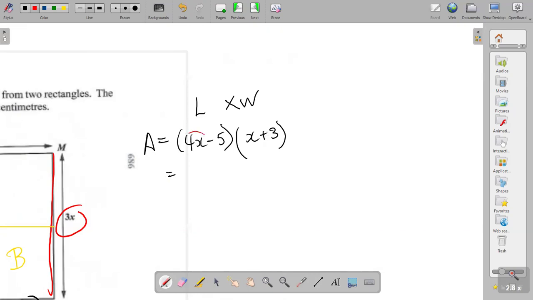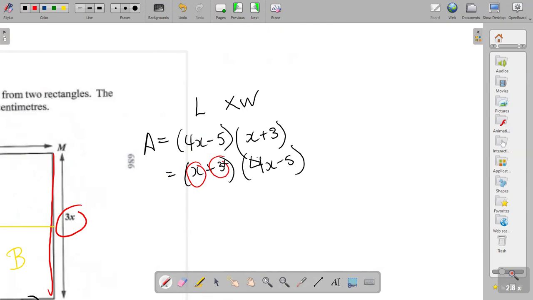Let's break up the first bracket. To be honest, I'm going to do it the smarter way. I'm going to switch it around, put the plus sign in front. So please know that you don't have to work this out in one way. You could make it easier for yourself. Put x plus 3 in front, and I'm going to show you why that's easier. 4x minus 5. When I'm multiplying, I break up my first bracket into 2.